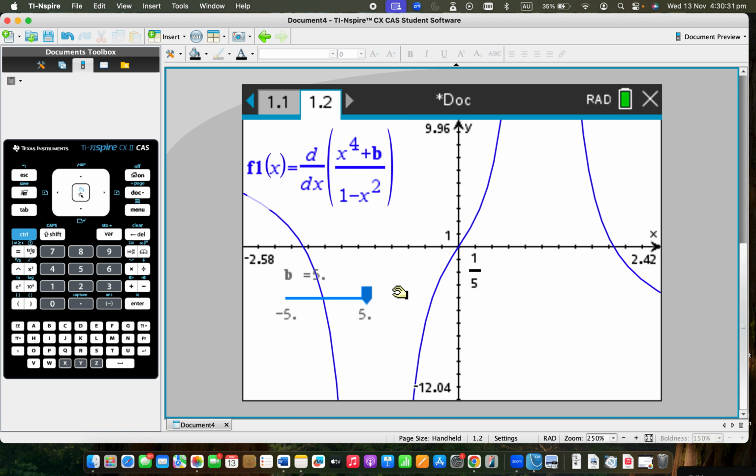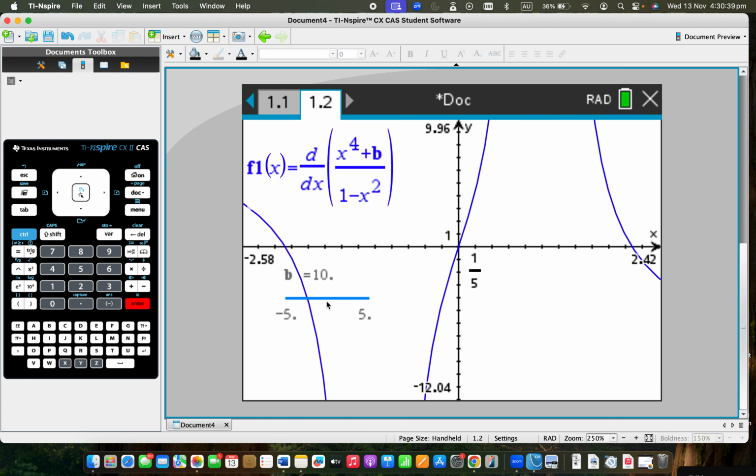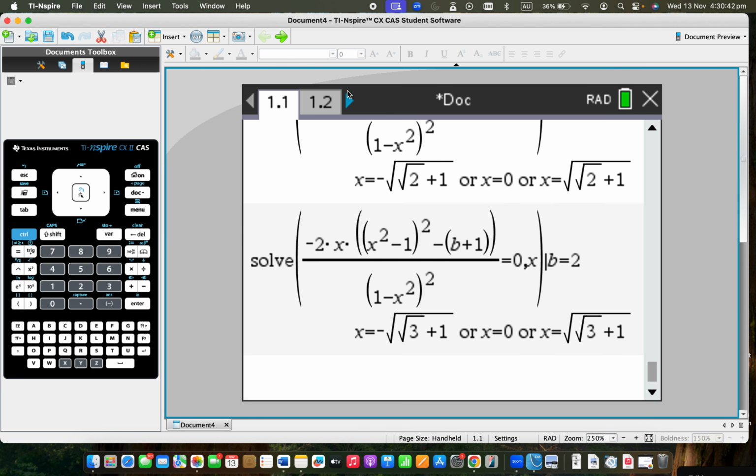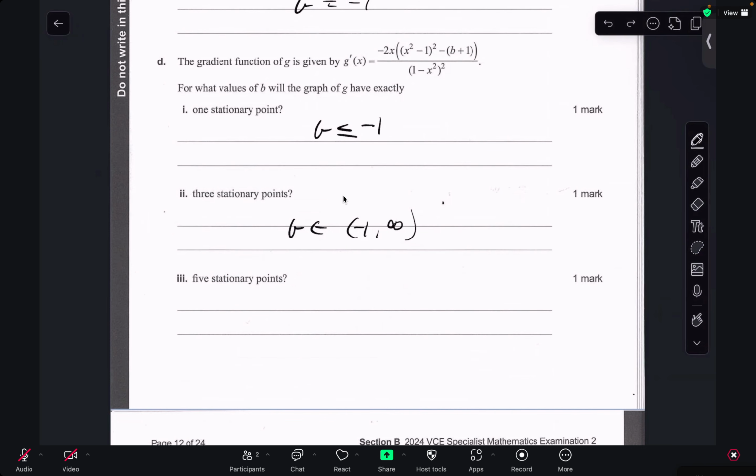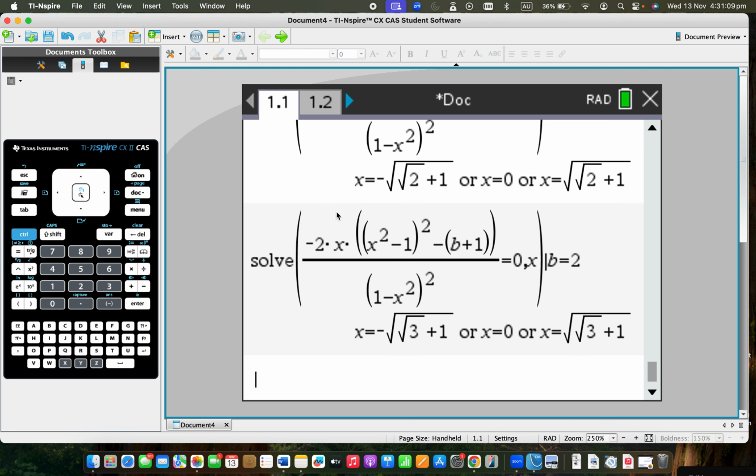Basically everything in between gives 3. Okay, so then this one should be the negative 1 to infinity, including 0 and 1.